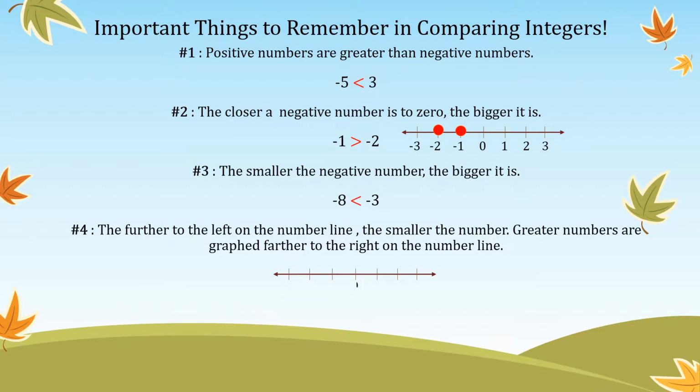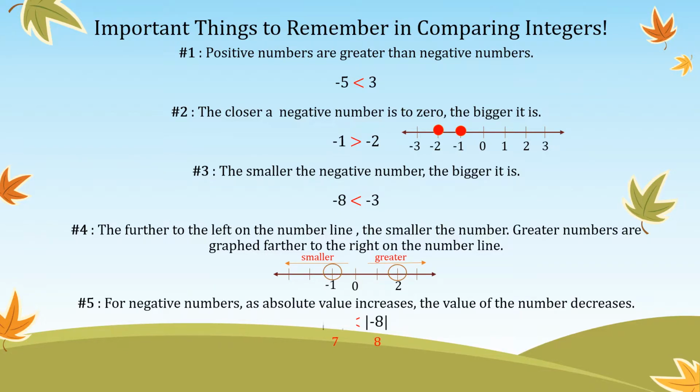Greater numbers are graphed farther to the right on the number line. As you can see in the number line, -1 is a smaller integer, while 2 is the greater integer, which is farther to the right of 0.